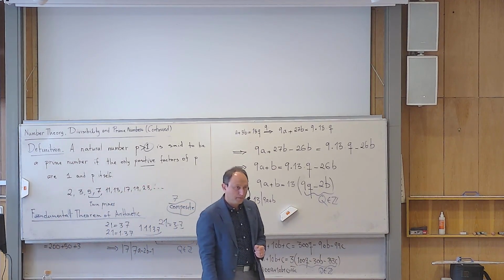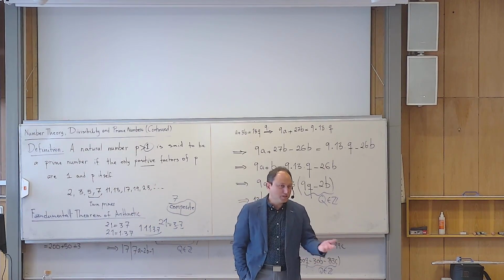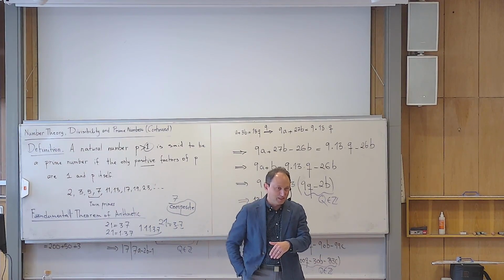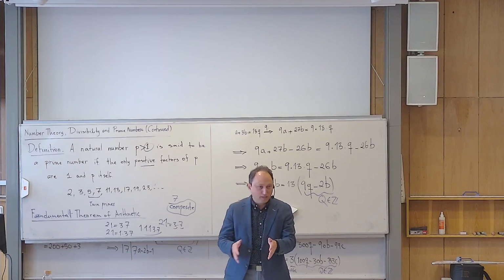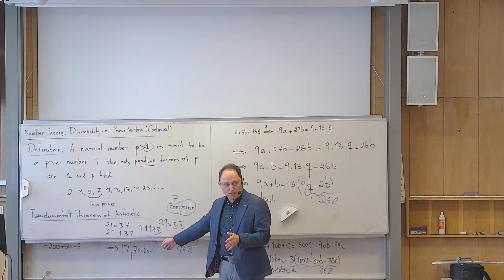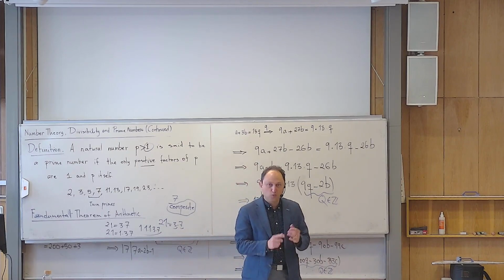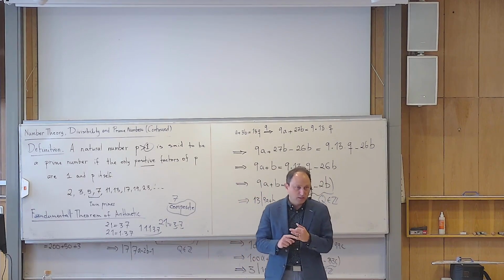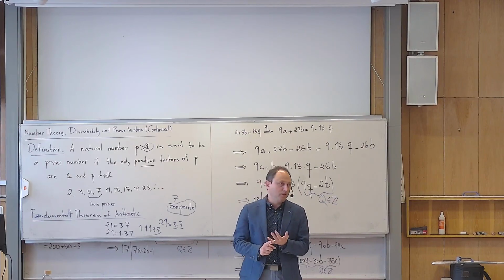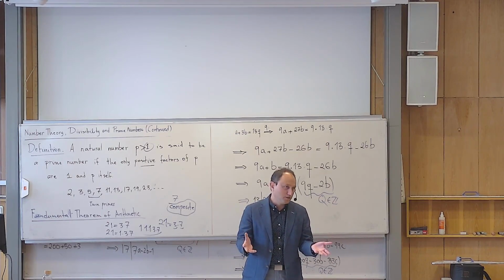Then is 1 a composite? It's not a composite, because composites are defined as numbers that are not prime, and we excluded 1 from the primes only to keep the uniqueness. Of course, it doesn't make sense to put it in the other category. So 1 is neither a prime number nor a composite number, by definition, by convention, if you like.